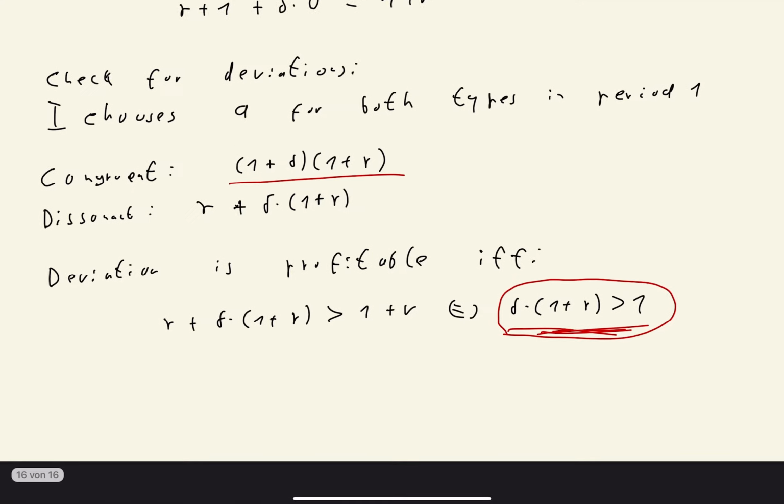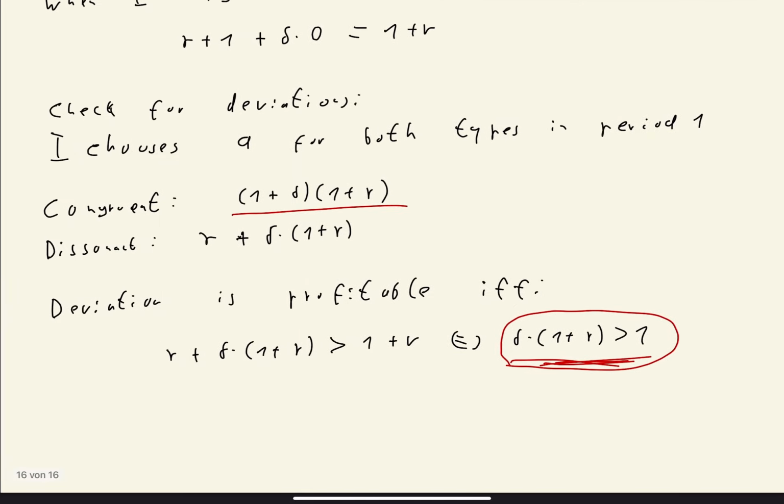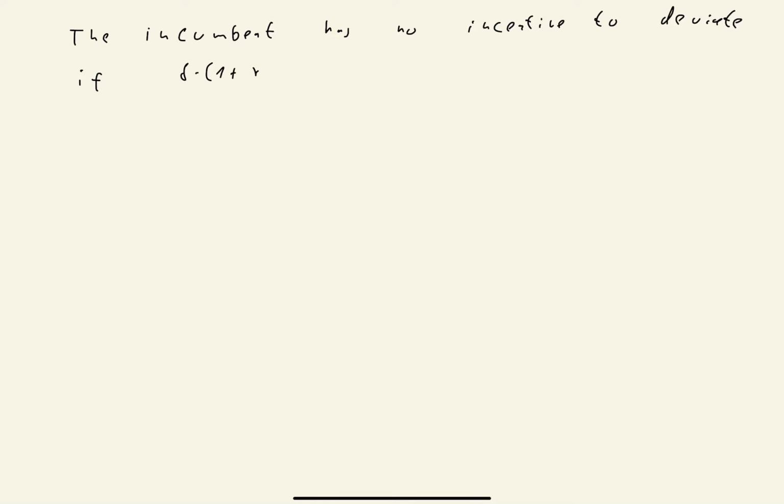So what we can summarize now is that the incumbent has no incentive to deviate if delta times 1 plus R is weakly larger than 1.